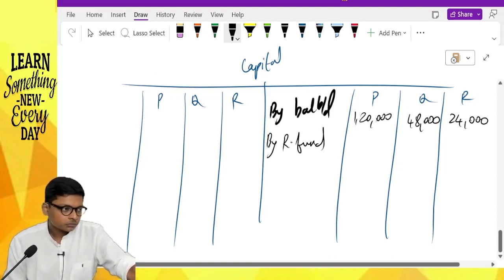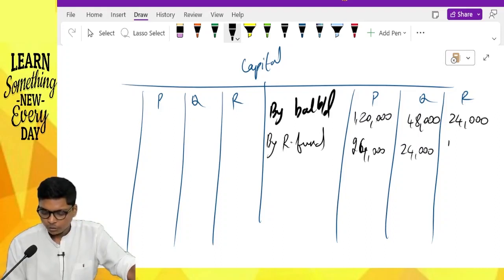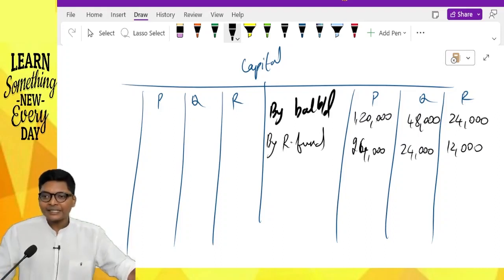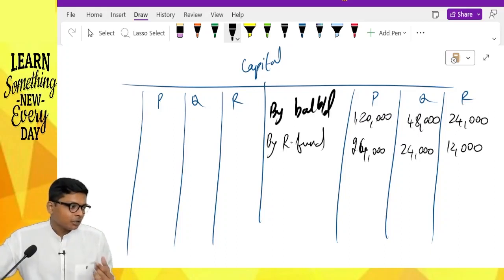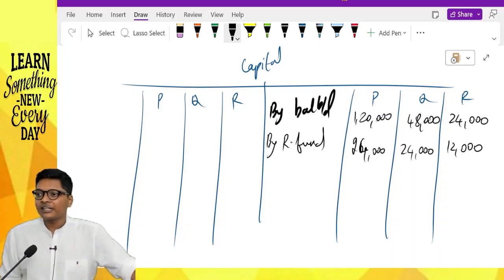By reserve fund, what's the amount? 60,000. P gets 24,000? Q 24,000, R 12,000. I hope you're writing entries, guys. Write entries because that may come in exam. What's the entry for reserve fund transfer? Can anyone tell me?